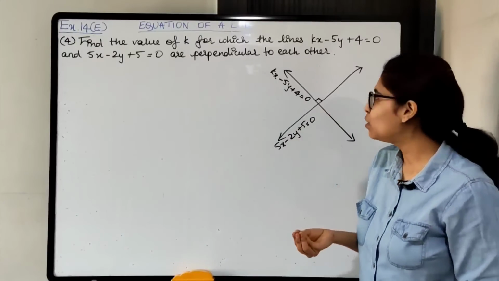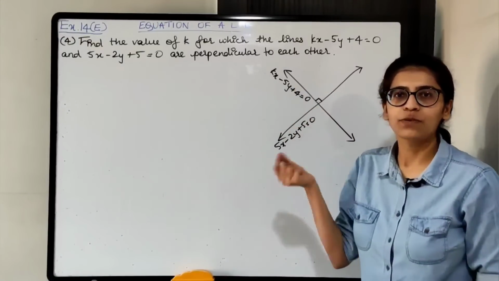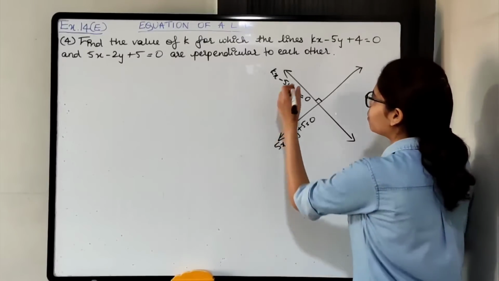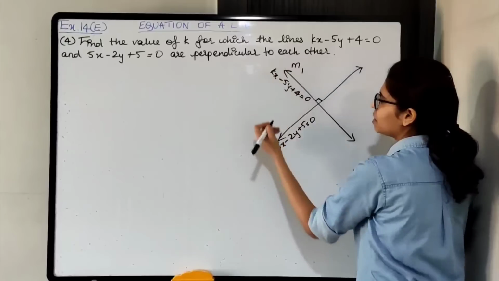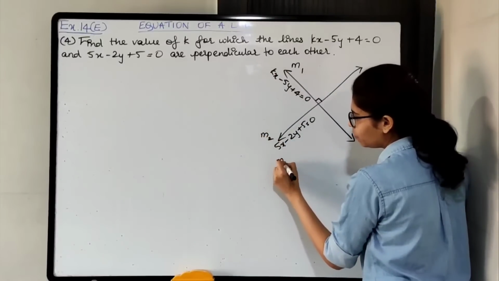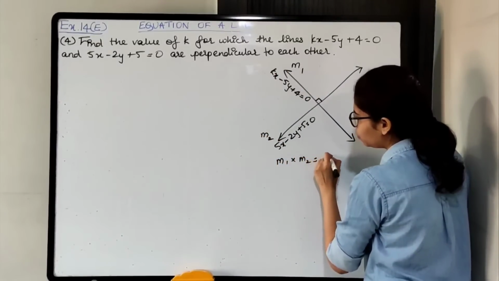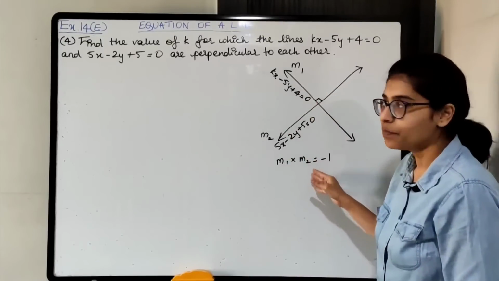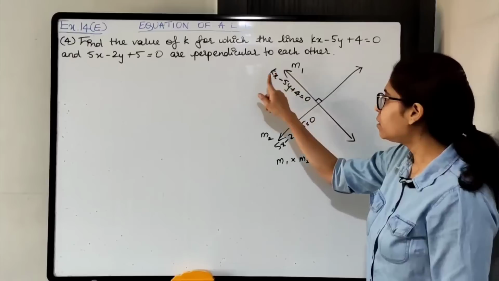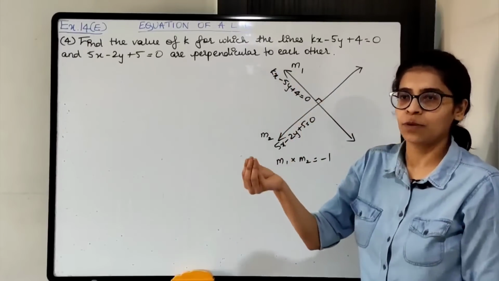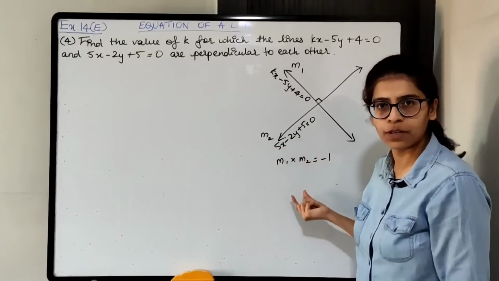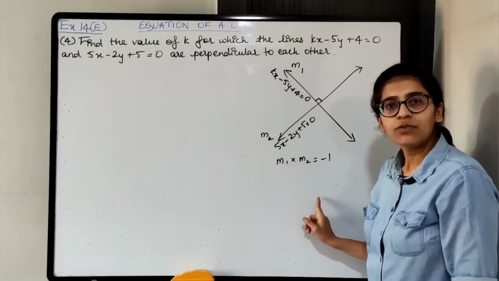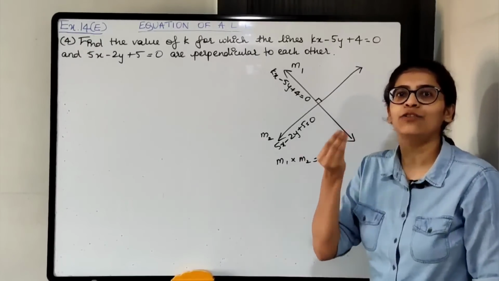Very easy. We know the product of the slopes will be equal to -1. First line's slope m1, second line's slope m2. m1 into m2 will be equal to -1. Just put the values of m1 and m2. m1 you will get in terms of k. m2 you will get as a proper numerical value. Put the values, solve further and you will get the value of k.